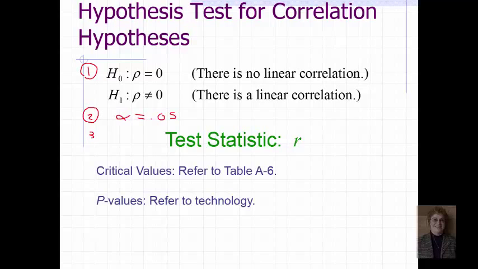Step 3, remember, is our summary of data. You might want to put the data table there. Step 4 is actually calculating the test statistic, and we would use that from StatCrunch, find our p-value, and then remember that step 5 would be reject or fail to reject, and then step 6 is going to be our summary statement.